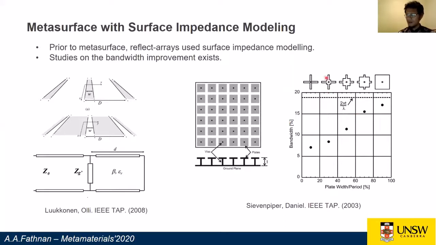We see here that by tuning the geometry of crosses into square patch structures, the bandwidth can be improved almost 3 times. We find that this method of bandwidth enhancement is relevant for the metasurface considered in our design, which is based on surface impedances. More importantly, it does not involve polarization conversion or a multi-layer approach.